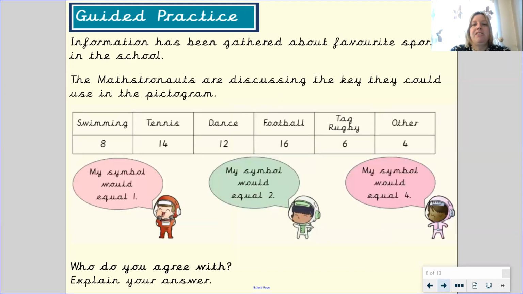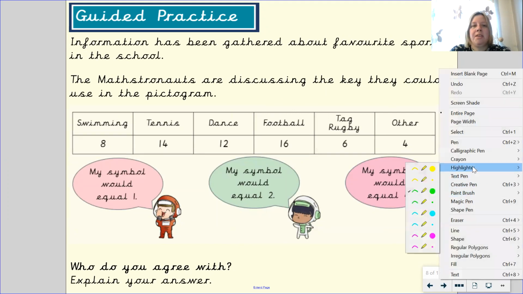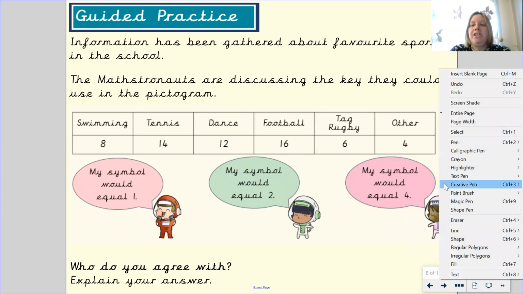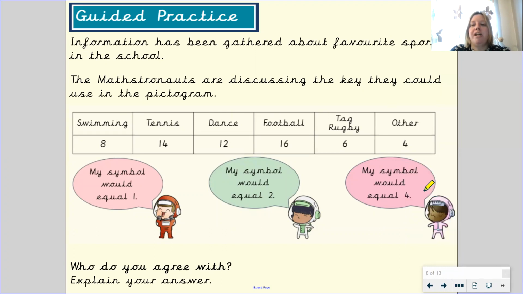Let's have a look at this final question. Information has been gathered about favourite sports in school. The astronauts are discussing the key they could use in the pictogram.